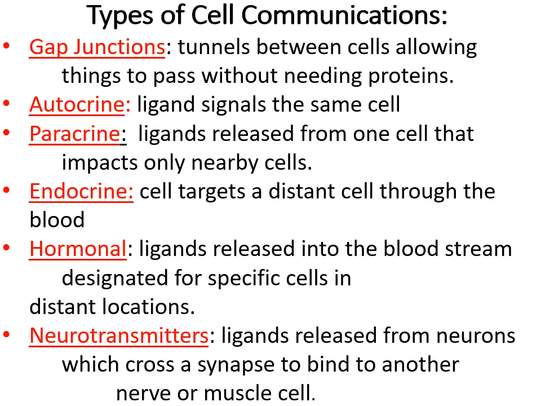So they all go into the bloodstream, but the only cells that are going to respond are the ones that have receptors for the particular hormones. Okay? So when we say endocrine, we're really talking about hormonal, which is the next one, right? The hormone that's going into the bloodstream and going throughout the whole body and then attaching to receptors to have an effect.